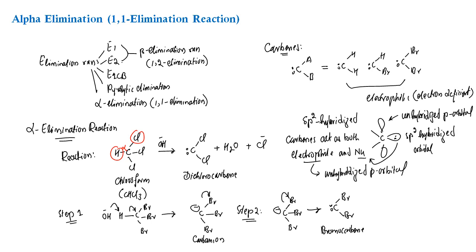So the reaction is two-step. Step number one is fast, and step number two is a slow step, in fact the rate determining step, where only a carbanion is involved.